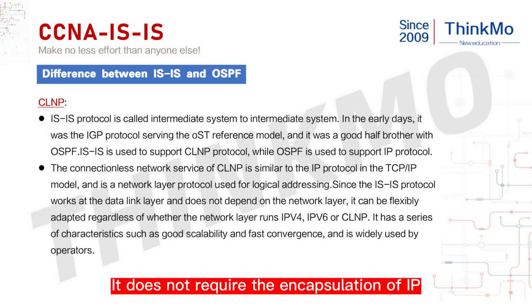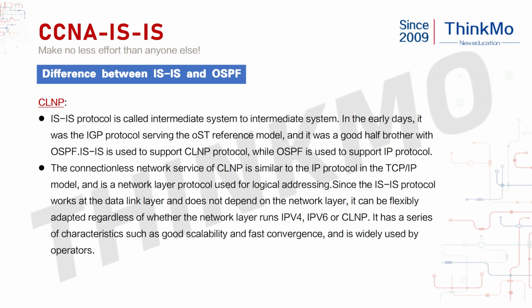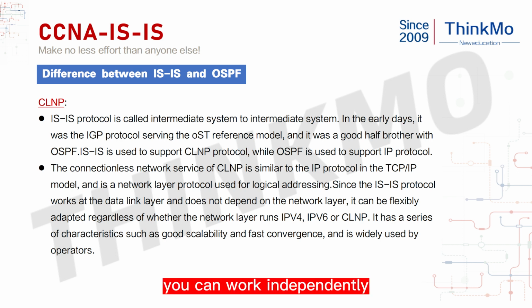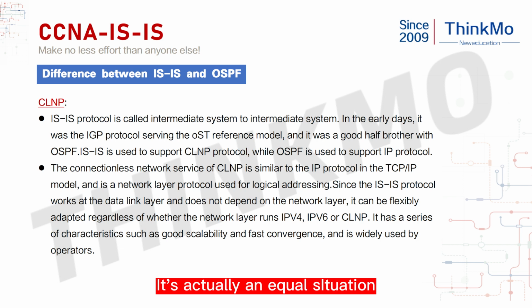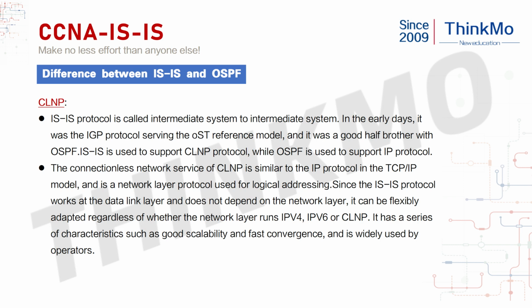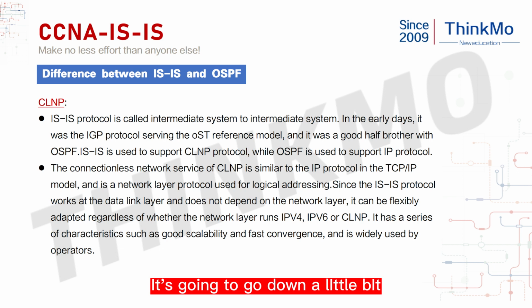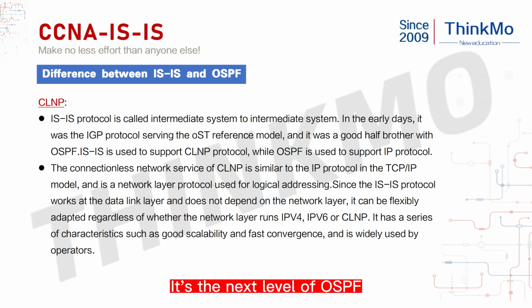It does not require encapsulation in IP and can work independently. ISIS and the IP protocol are actually on an equal level. It is one level below OSPF, equivalent to the IP protocol, and can work independently.